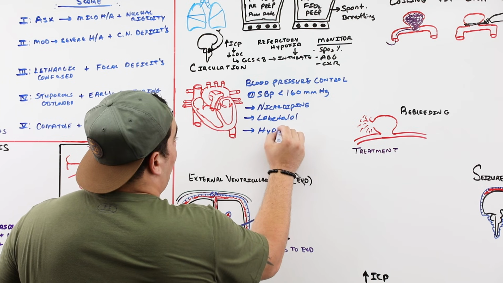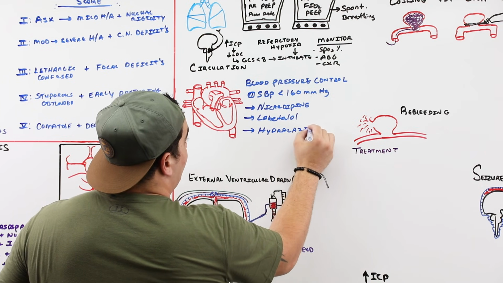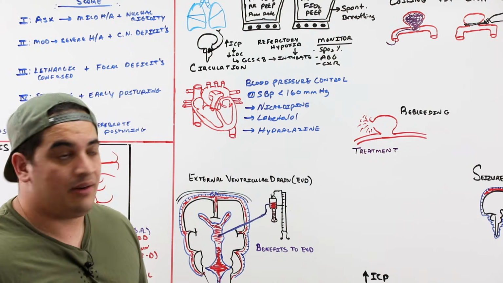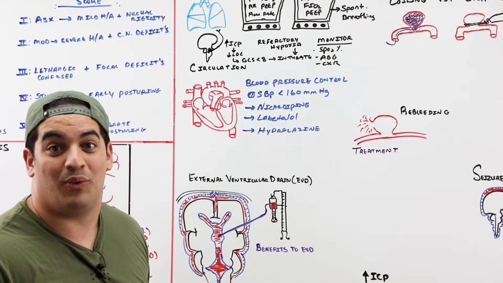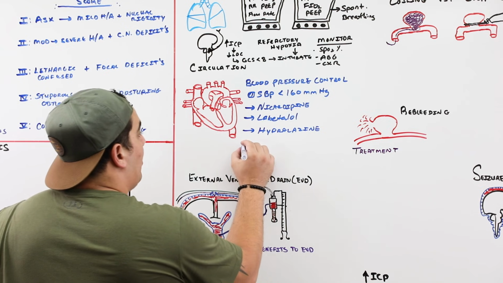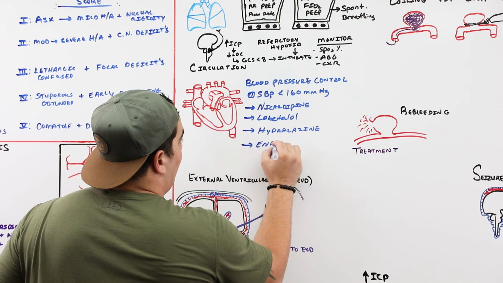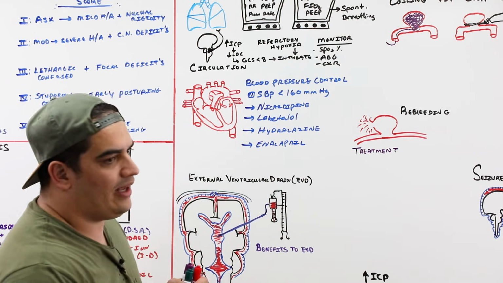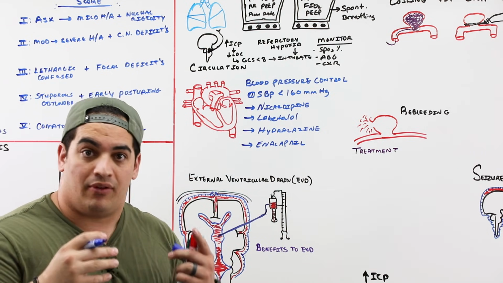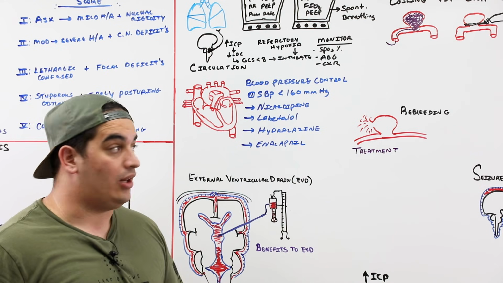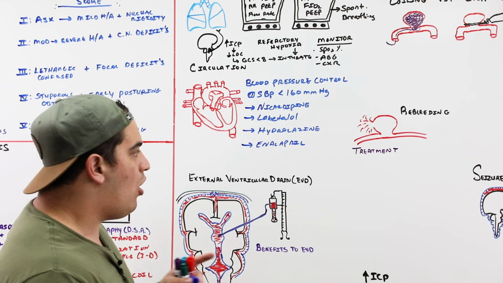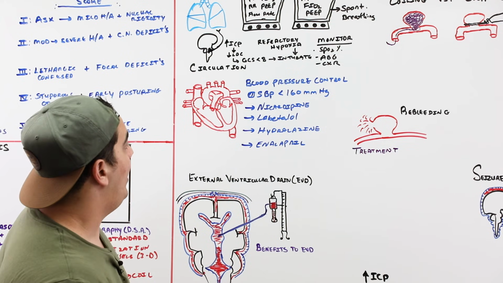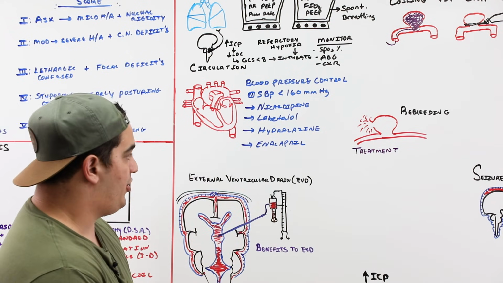Hydralazine is primarily a vasodilator, so it's going to reduce that afterload as well. Hydralazine would be the more preferred option if someone has a very low heart rate and you don't want to give them labetalol. And the other option is you can give them something called enalapril. Enalapril is basically an ACE inhibitor, and so it's going to allow for vasodilation as well as reduced preload. That will be helpful as long as they have normal kidney function and a normal potassium. Okay, so these are things to think about with blood pressure control.